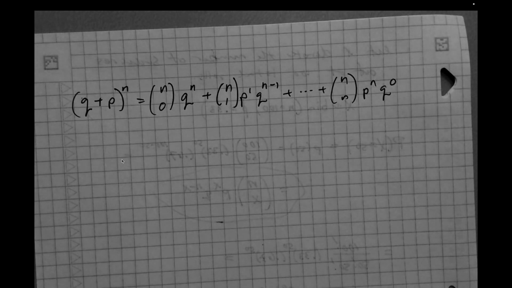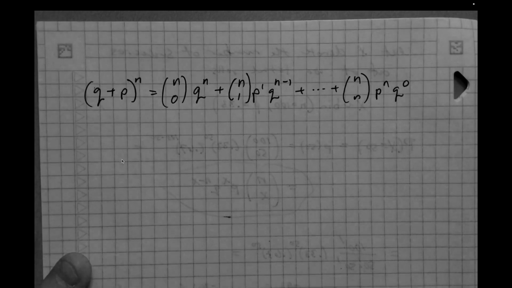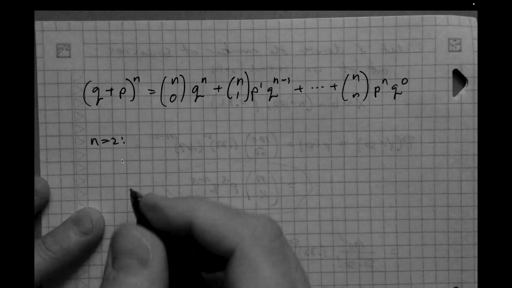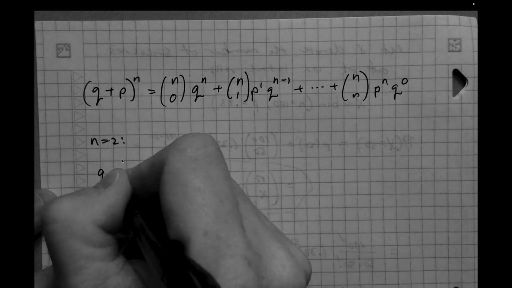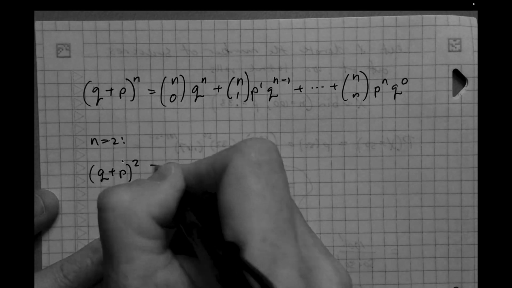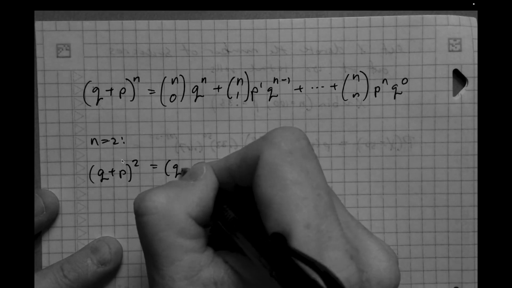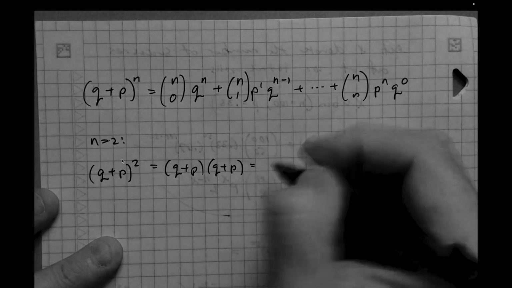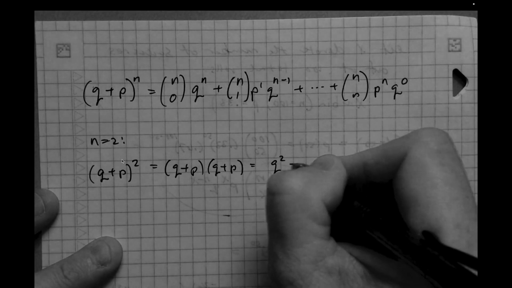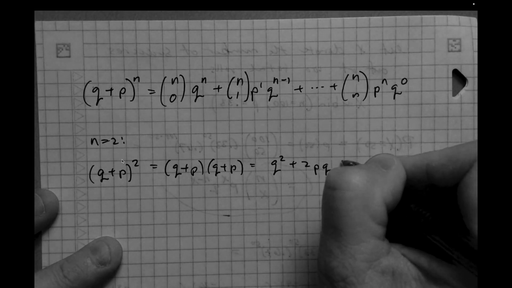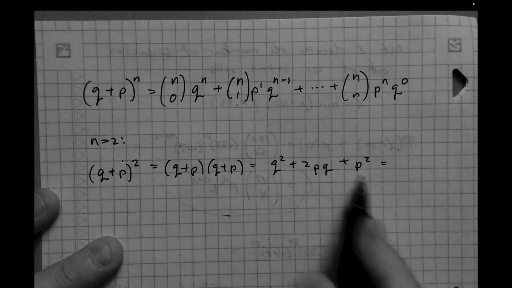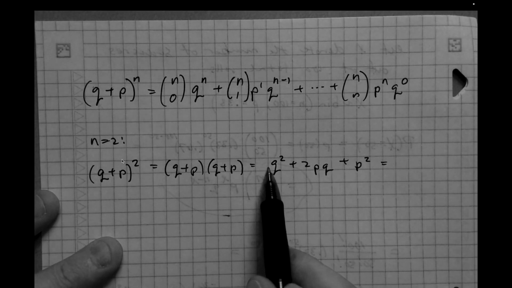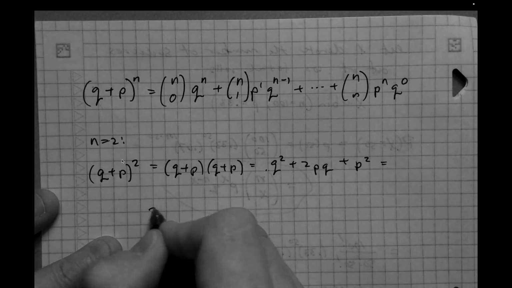We can see this really easily if we just do n equals 2, for example. So for n equals 2, let's see what this looks like. q plus p to the second power, and that's just FOILing: q plus p times q plus p, and you would get q squared plus 2pq plus p squared. Notice the coefficient here is 1, so that's like 2 choose 0.